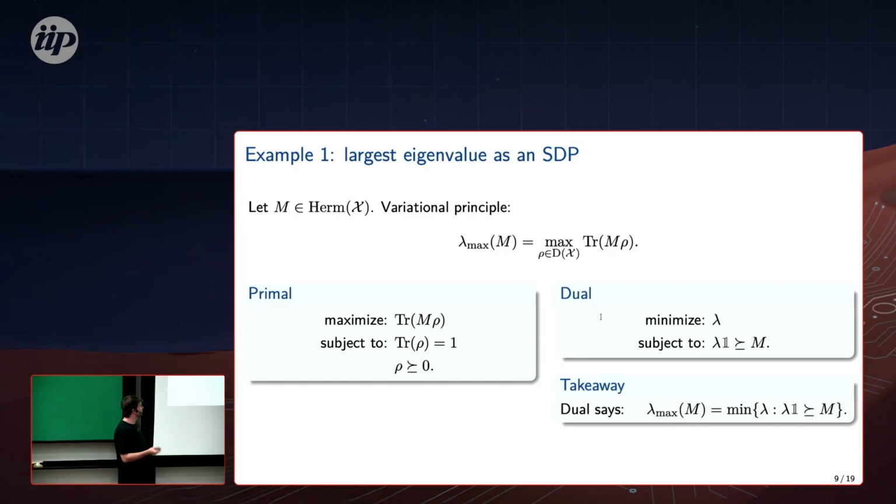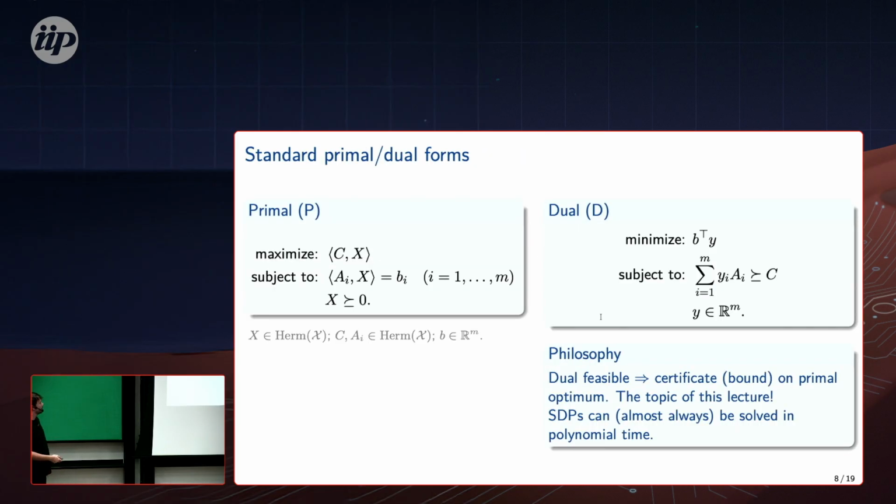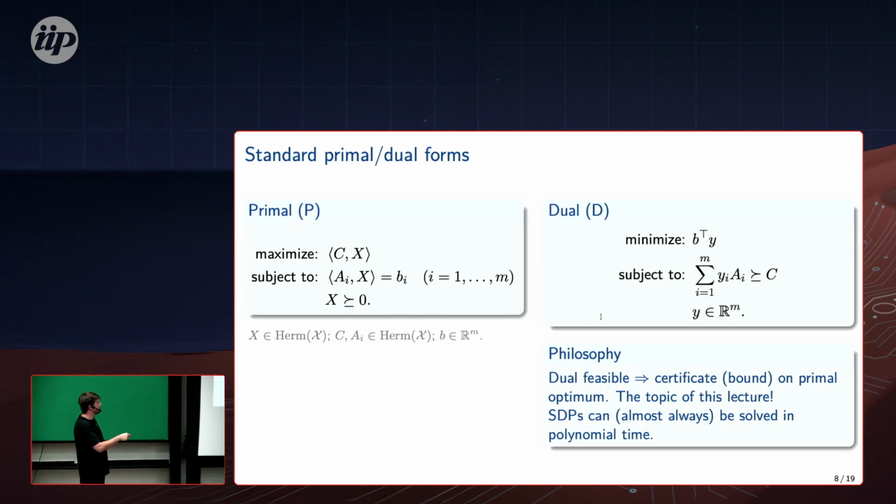By the variational formulation of the eigenvalue, you can write the largest eigenvalue of a matrix as the maximal trace of that matrix with the set of states. This is just one characterization of the largest eigenvalue of a Hermitian matrix, and this is an SDP. If you go back to the former slide, we only have one constraint, with the matrix being the identity matrix I1, say, and B1 being just 1.